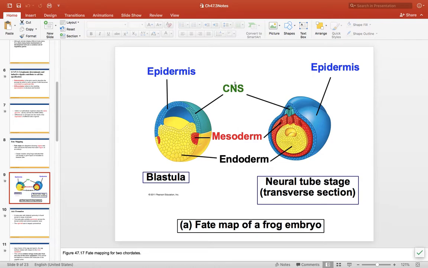You have the central nervous system in that teal color. You have the mesoderm cells, which make up the middle of that frog, so those make up some of the internal organs and muscles. And then the endoderm is cells that usually line your cavities and are on the outside of some of your organs.